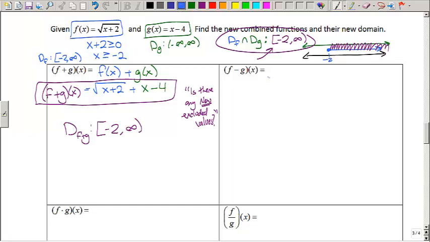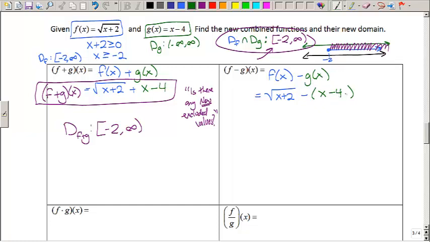For the next, f minus g of x, we have f of x by definition minus g of x. Again, don't forget when you do the minus, you want to probably include parentheses there. The f of x is the square root of x plus 2, minus, in green, x minus 4.